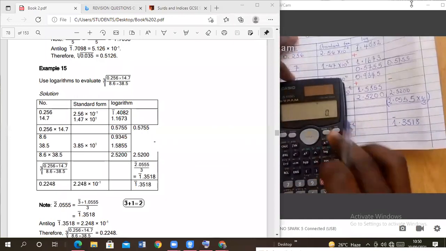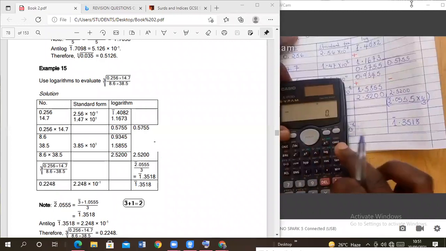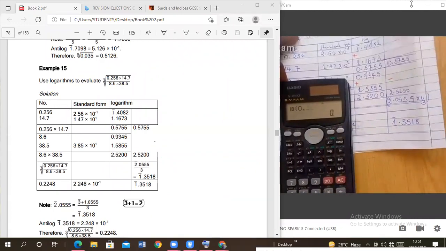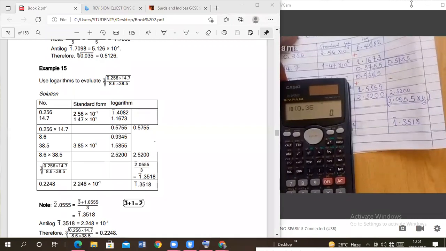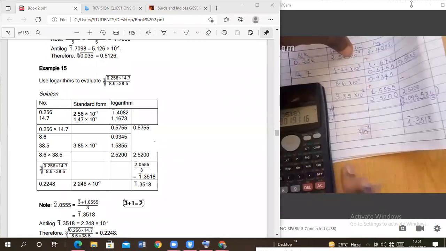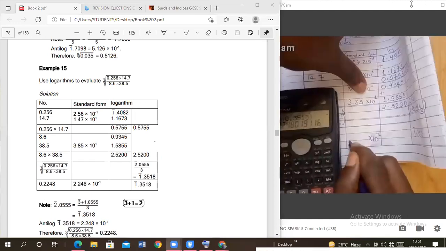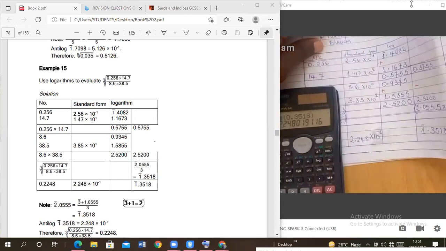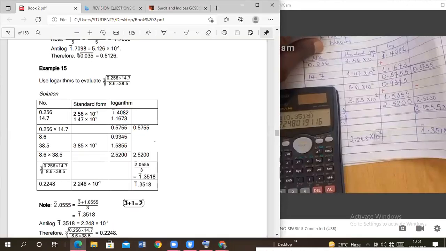Now we get the antilog of 0.3518. What do you get? 2.248. Members, are we together on that?